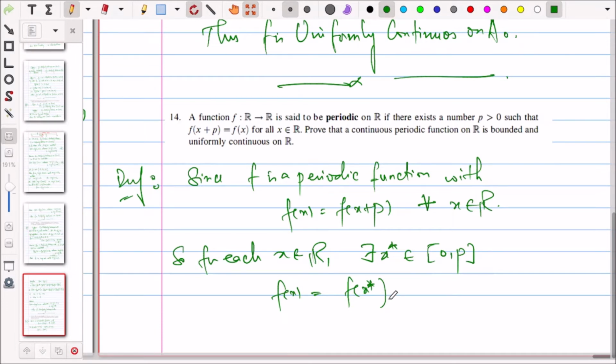So basically what we have done is we have reduced our function to the domain 0 to p.